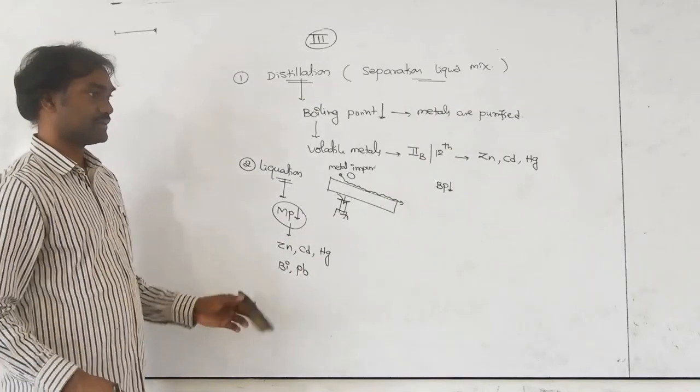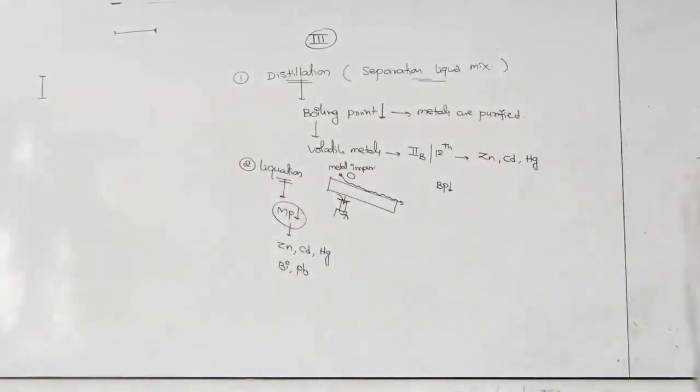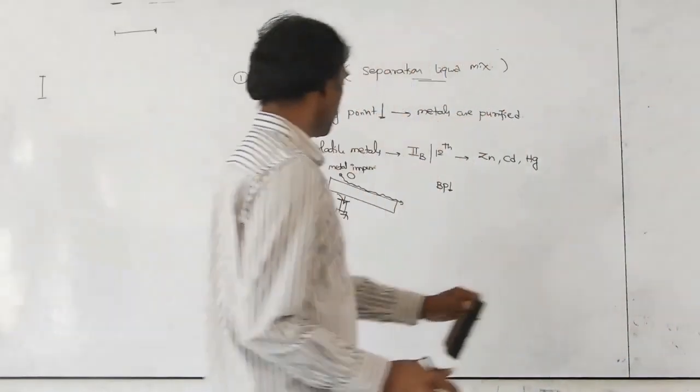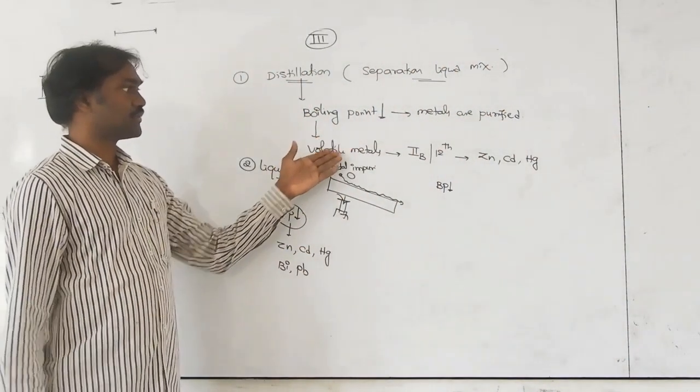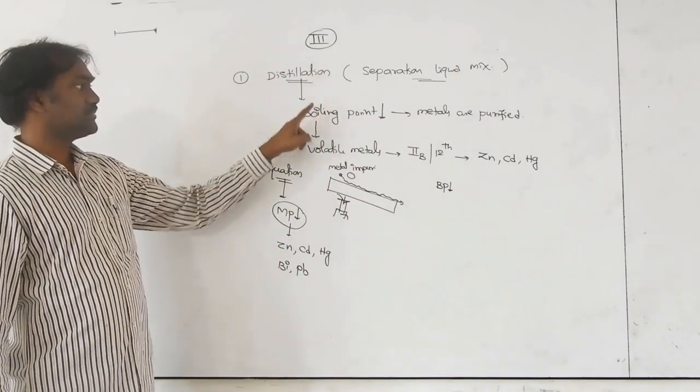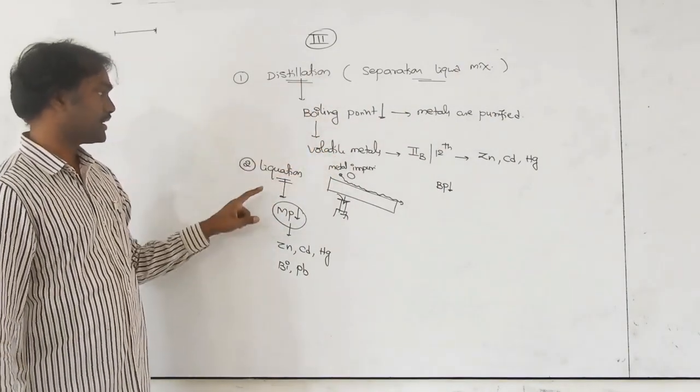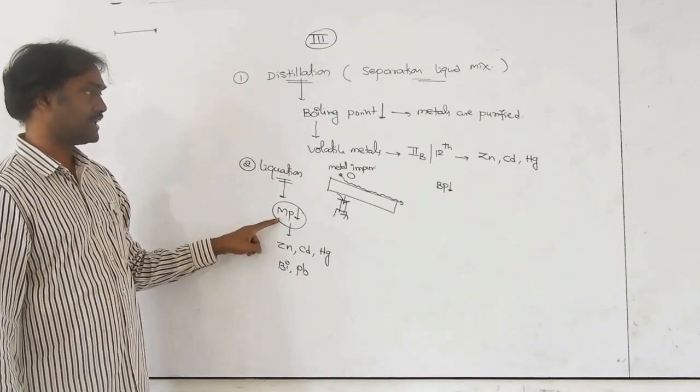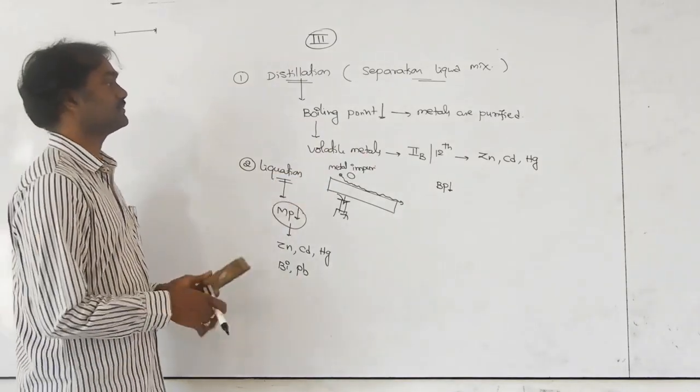Directly they will ask which elements are useful. In distillation, think about the least boiling point; in liquefaction, think about the least melting point.